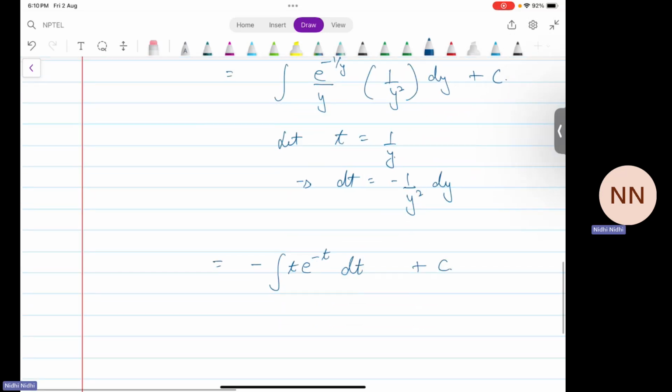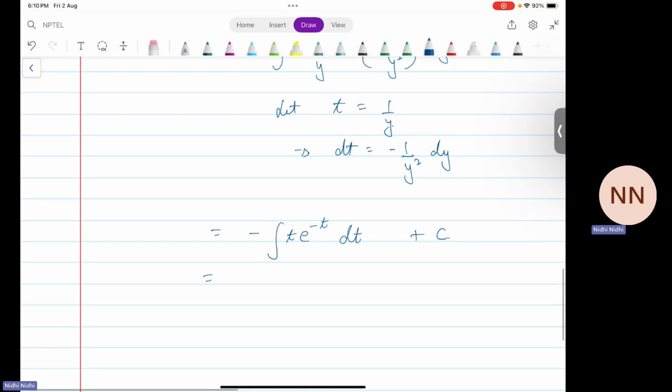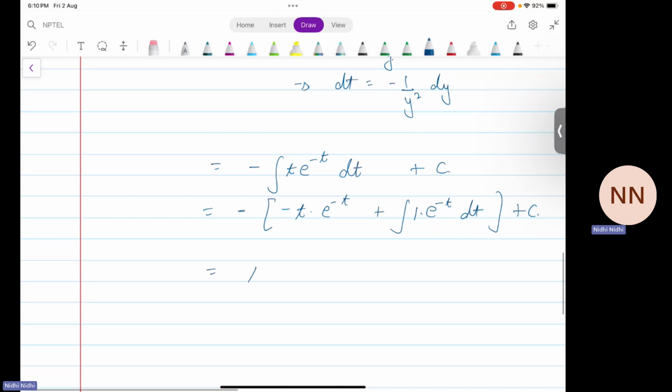Now we'll apply the product rule. Minus first term as it is, the integral of second term, minus derivative of t is 1, integral of e to the power minus t is minus e to the power minus t dt plus c. So this is t e to the power minus t minus e to the power minus t plus c.